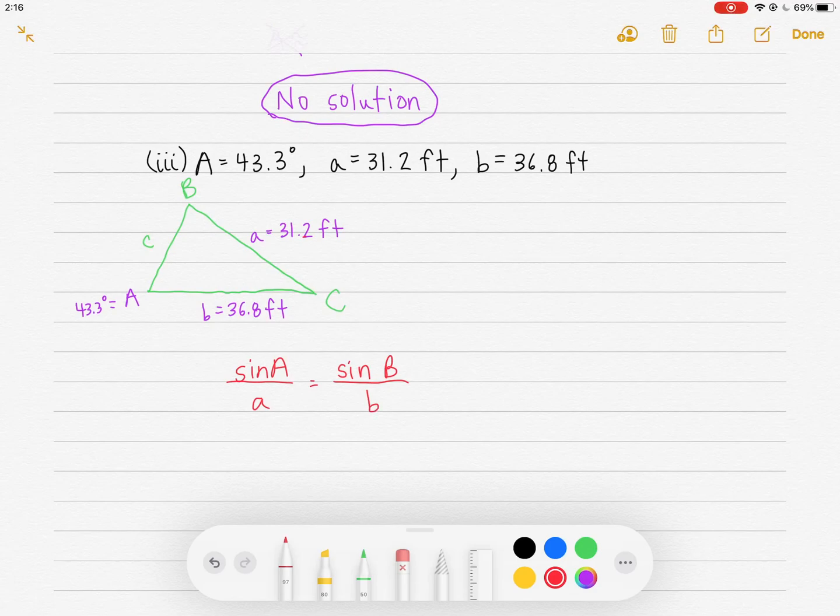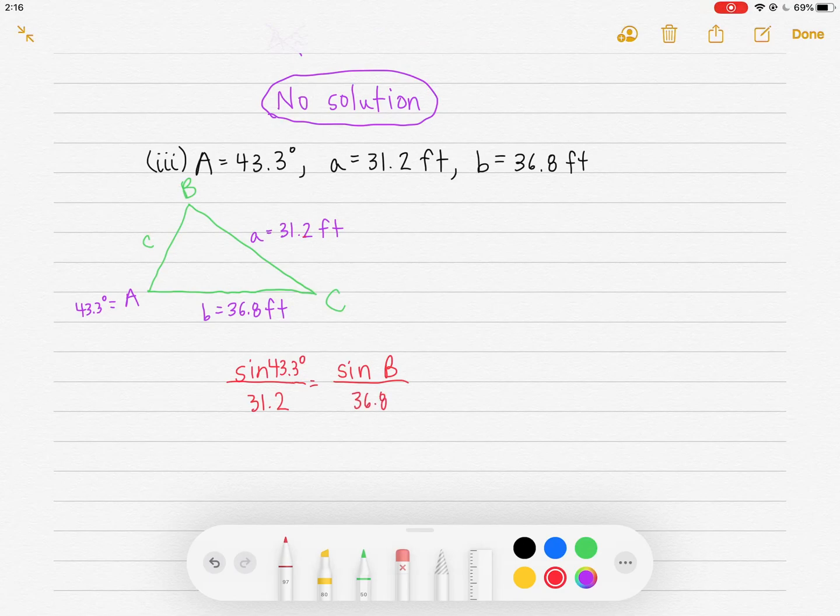You don't have to keep writing it like this. I am fine if you just start filling it in at this point. Like sine of 43.3 degrees over our 31.2 equals sine of, we don't know big B yet, over 36.8.